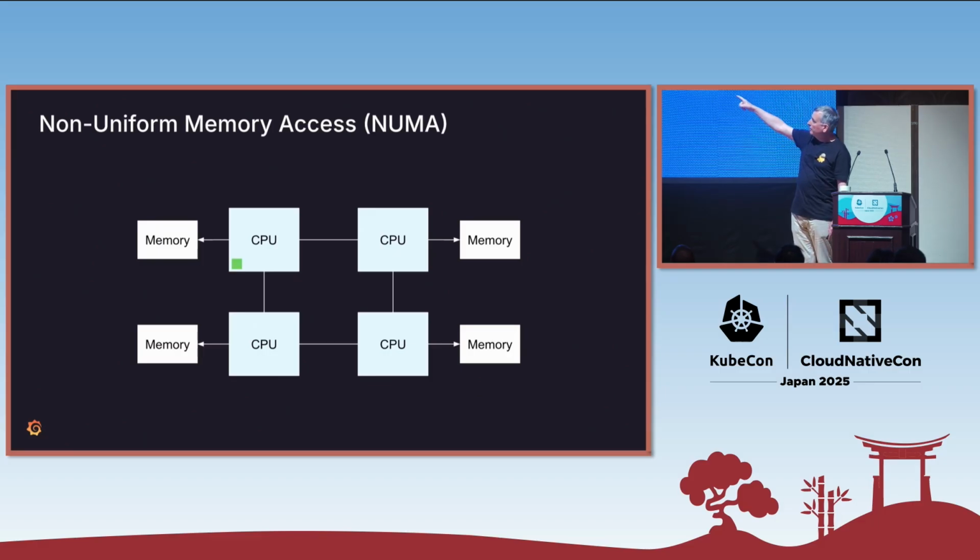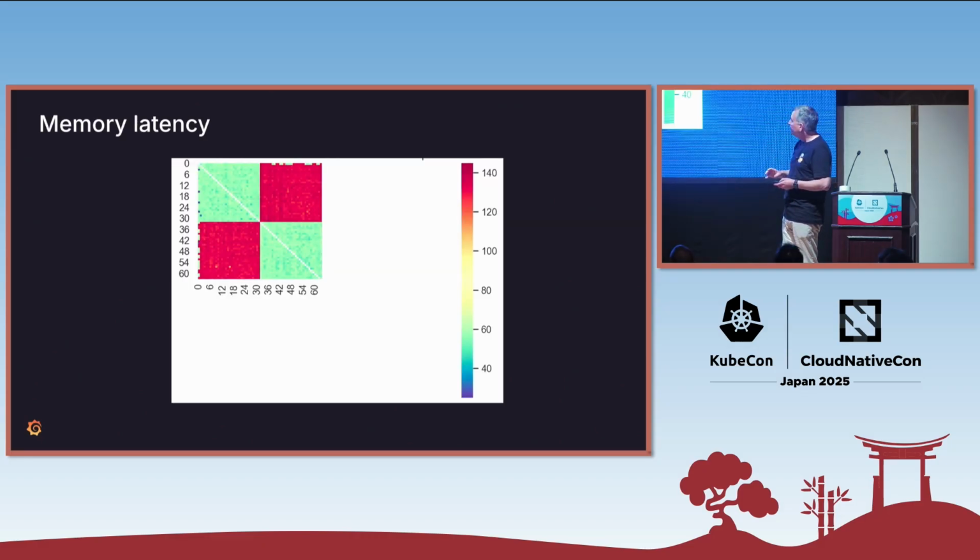If you are here in the green, and you want to talk to memory here, it's very fast. If you are here, and you want to talk here, it's very slow. So that's what NUMA means: non-uniform memory access. And all big computers, servers, not your desktop maybe, we'll get to that, are built like this. And that's what I want you to know.